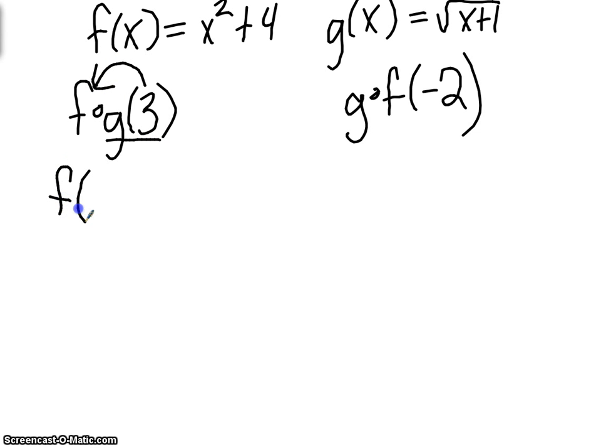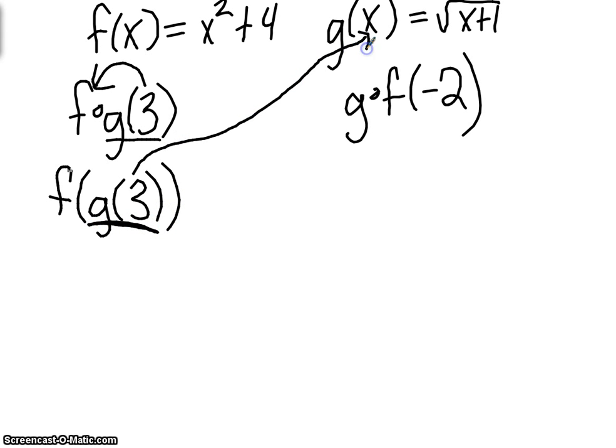So I'm going to take the 3 over to this equation. Then my equation would be the square root of 3 plus 1, which is the square root of 4, which is equal to 2.